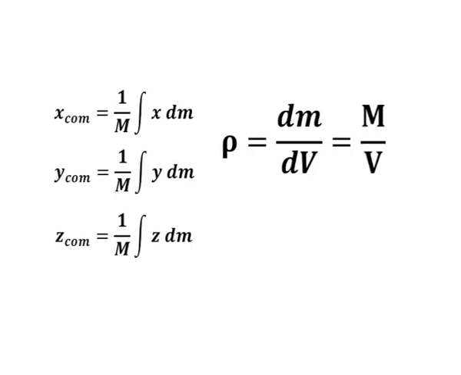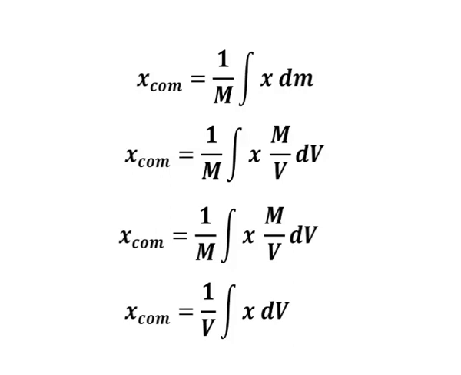Now, we can get the coordinates of the center of mass of solid bodies in another form by substituting M upon V into dV for dm in the coordinates equation of solid bodies. Therefore, the center of mass for the x axis, which was 1 upon M integral x dm, becomes 1 upon M integral x M upon V dV, and it again becomes 1 upon M into M upon V integral x dV.